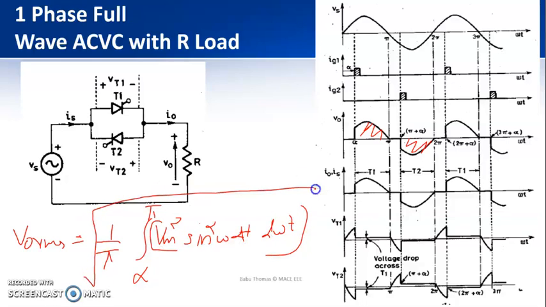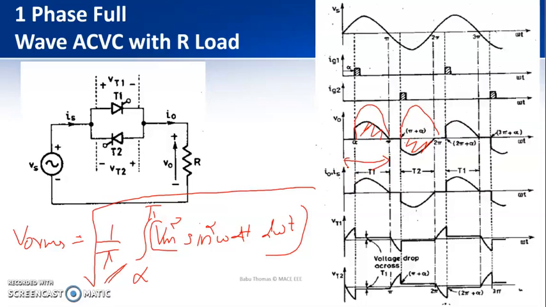This can be used to derive the RMS value of the output voltage. We have taken 1 by pi because we are finding the square of the RMS value. So the waveform will be like this, and again here if you square it, it will be like this. The RMS voltage waveform will have a time period of pi. But the average output voltage is 0.